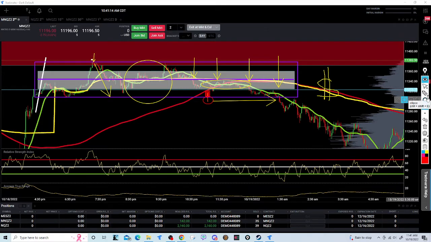Once that candle closes, you're looking to enter on the second candle and putting your stop loss above the close of that candle. Where are you looking to take profit? To take profit outside of a range, you want to look left. Okay?